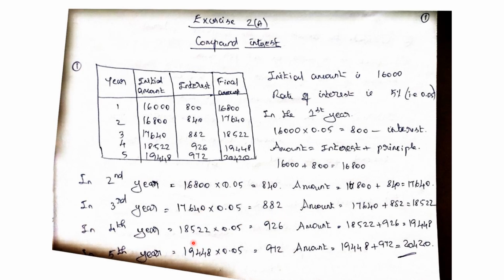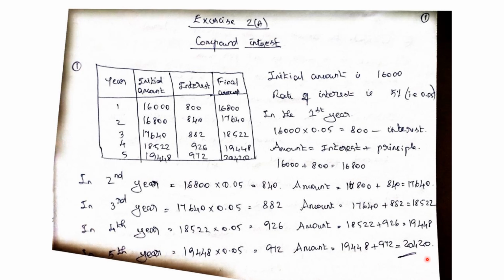So 18,522 into 0.05. Again for this we'll get interest, that is 926, that will get added to this principal amount, I mean 18,522 plus 926. What we get is 19,448, into 0.05, will get 972.